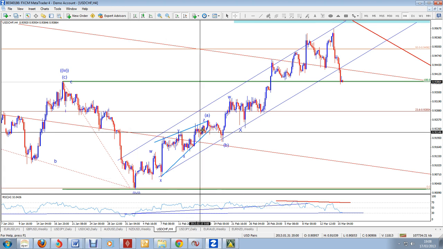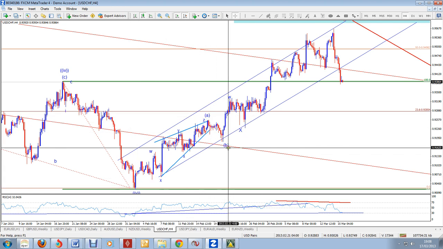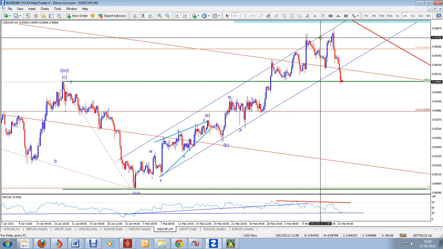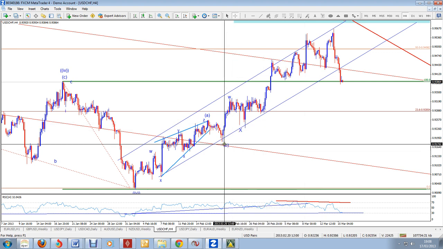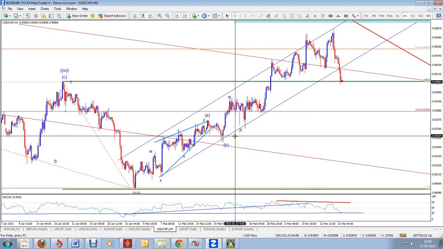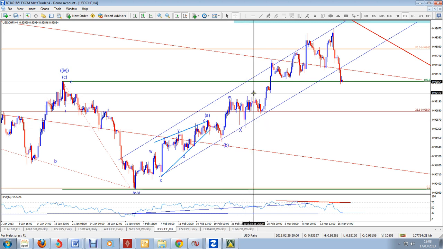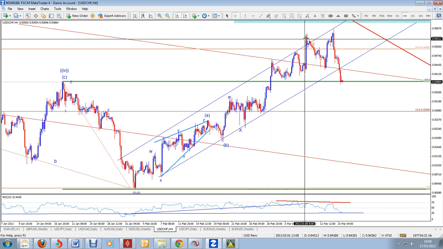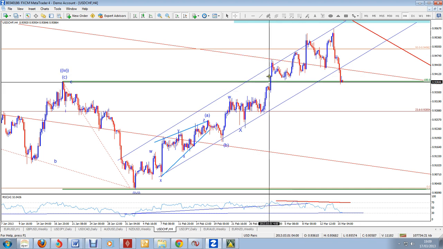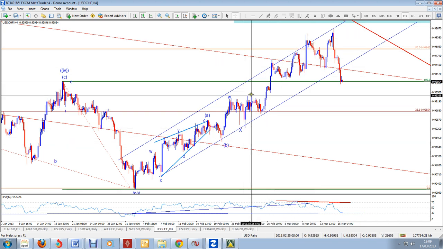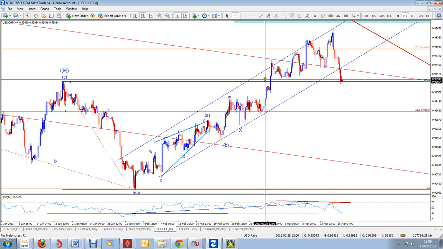Either way it becomes wave A in bracket, wave B in bracket, and then we're expecting this wave C in bracket. And again, difficult to label them as 1 and 2, so I'm labeling this as W, X, and then this might possibly be 1, 2, 3, 4 and 5.